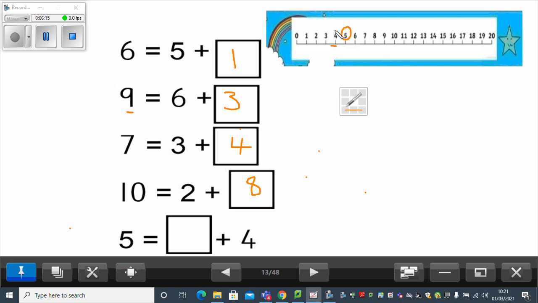How many jumps up our number line until we reach 5? Let's count on. Ready? 1. So just one jump to reach 5. So our answer is 1 plus 4 equals 5. Or we can read it this way: 5 equals 1 plus 4. How did you get on with those?